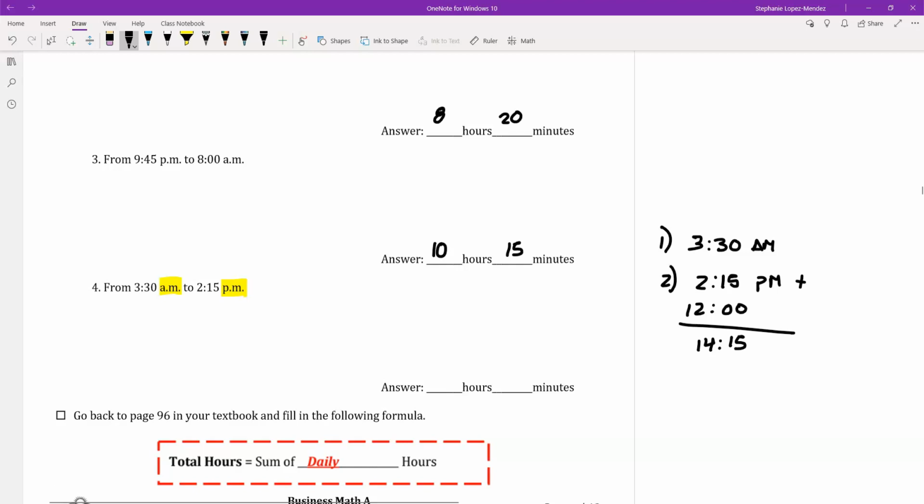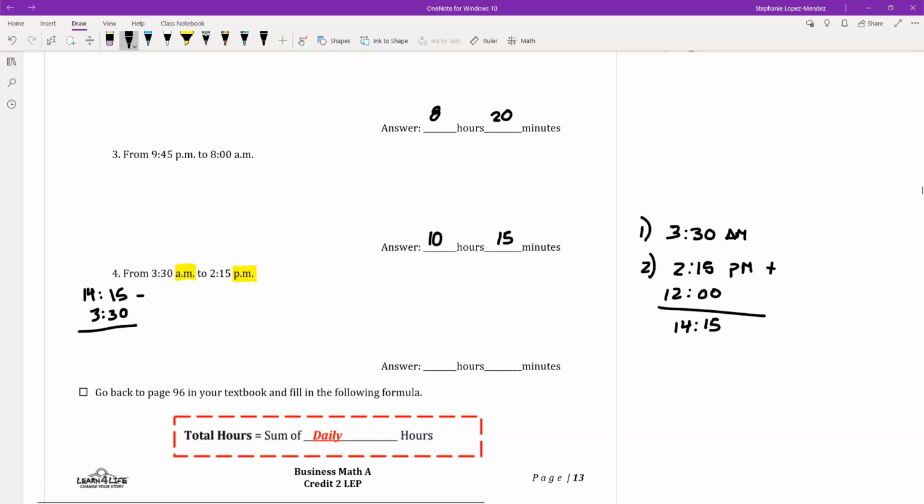Now let's check here. 14 hours and 15 minutes minus 3 hours and 30 minutes. If we check, right, is 14 greater than 3? It is. Is 15 greater than 30? That is not correct.